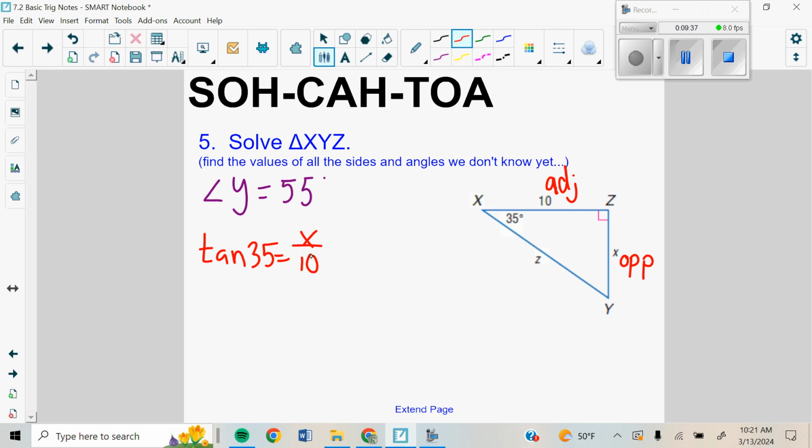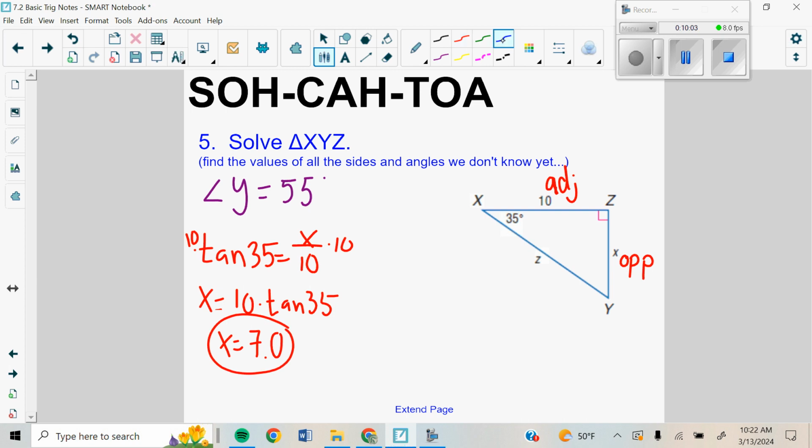Again, my denominator is where my number is and my variable's in the numerator. So I'm just going to times by 10 on both sides. So x equals 10 times the tangent of 35. Type that into your calculator to find an answer for x. If you type that into your calculator, we get, rounded, 7.0.